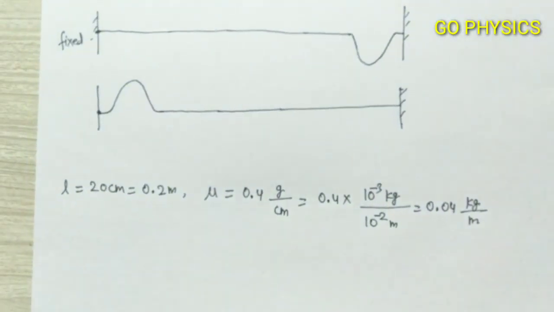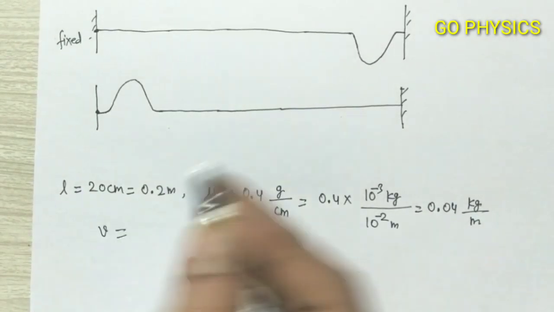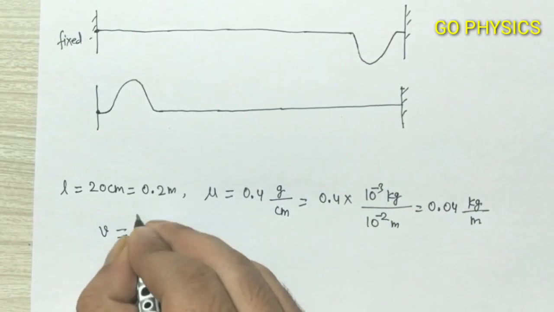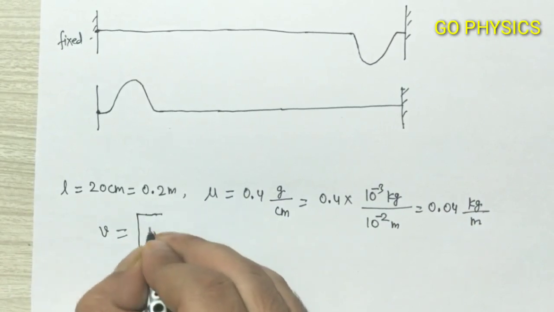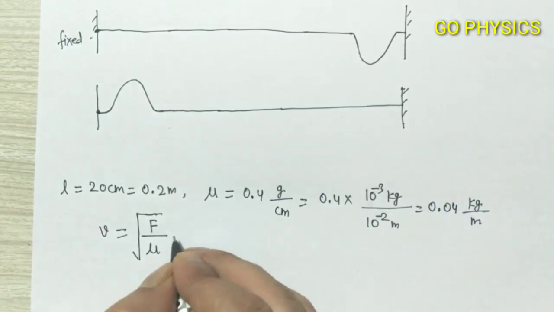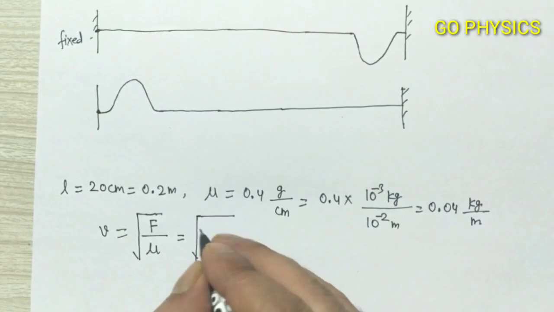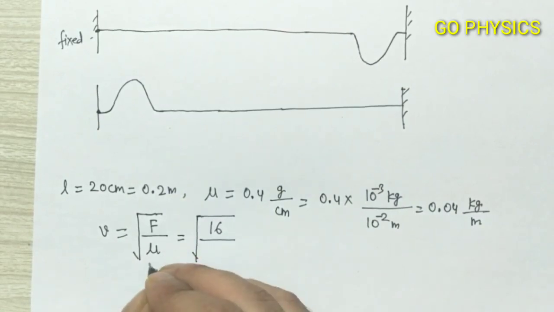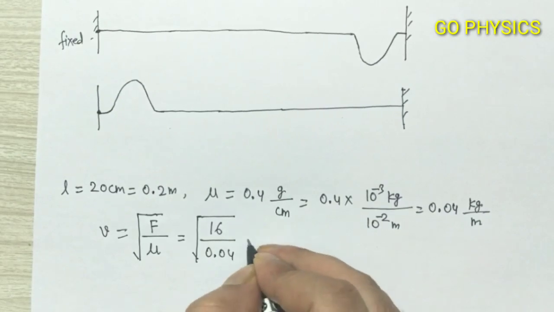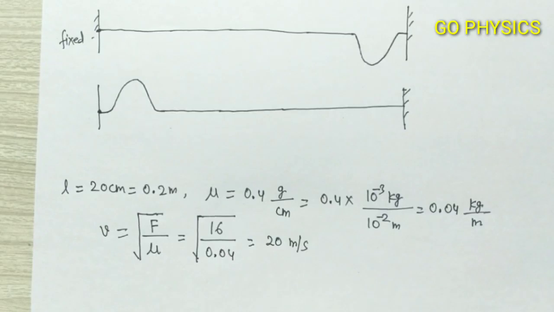As we know, speed of a pulse or wave on a string is given by root over tension in the string divided by linear mass density of the string. Tension in the string is given in the question as 60 Newton. So 60 divided by linear mass density, and we got here 0.04. If we solve this, it will come out 20 meter per second.